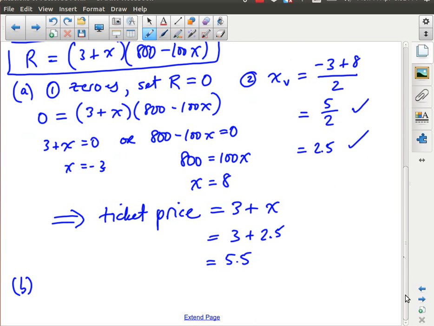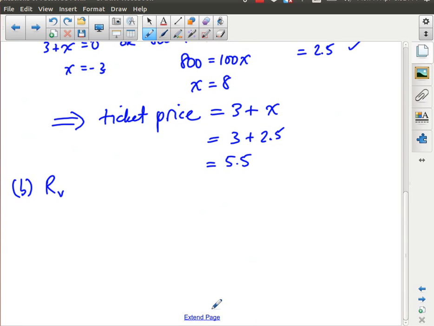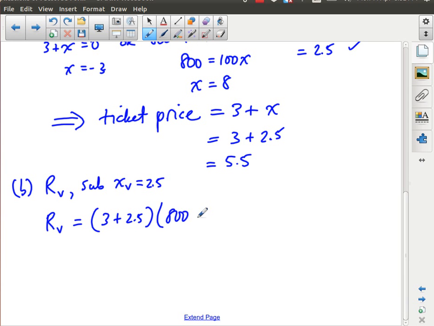Well, now I want to find the R value of the vertex. And the way that I do that is I'm going to sub in the x value of the vertex, which is equal to, be careful, it's 2.5, not 5.5. So we end up with the R value of the vertex is equal to 3 plus 2.5 times 800 minus 100 times 2.5.